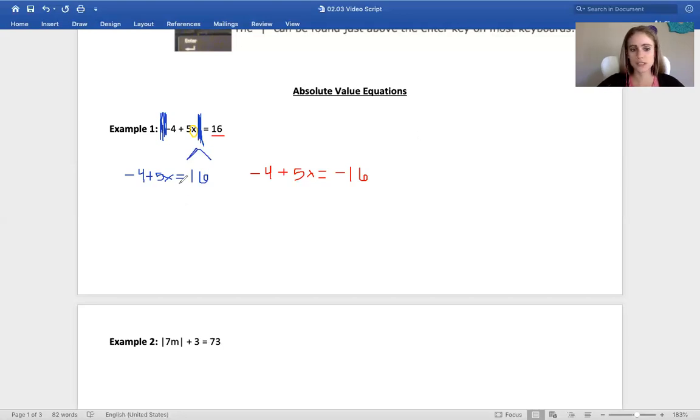All right, when we're solving this equation, remember we're trying to isolate our variable x. So the first thing is anything that's being added or subtracted needs to be moved to the other side of the equation. So I see we have a negative 4. Well, what's the inverse? The inverse of a negative or subtraction is addition. So we're going to add 4 to both sides of our equation.